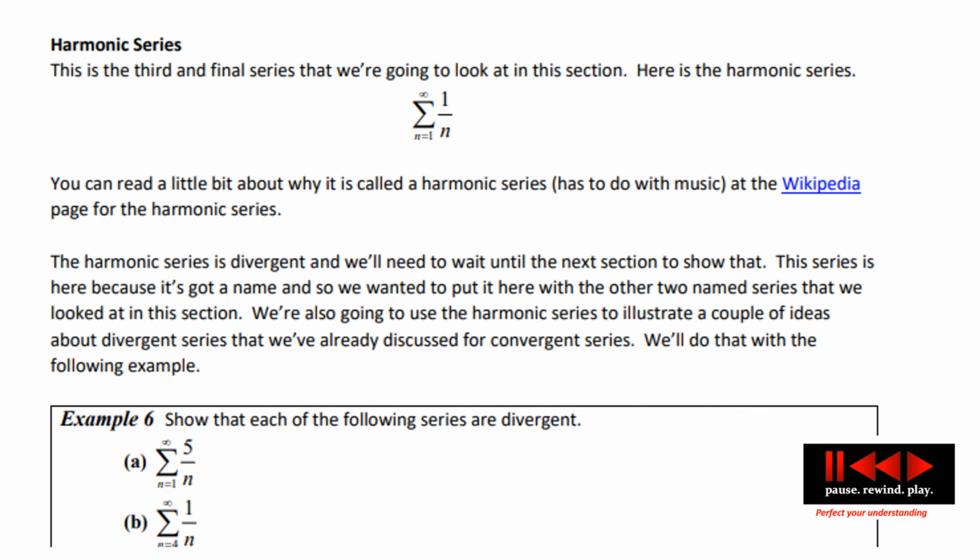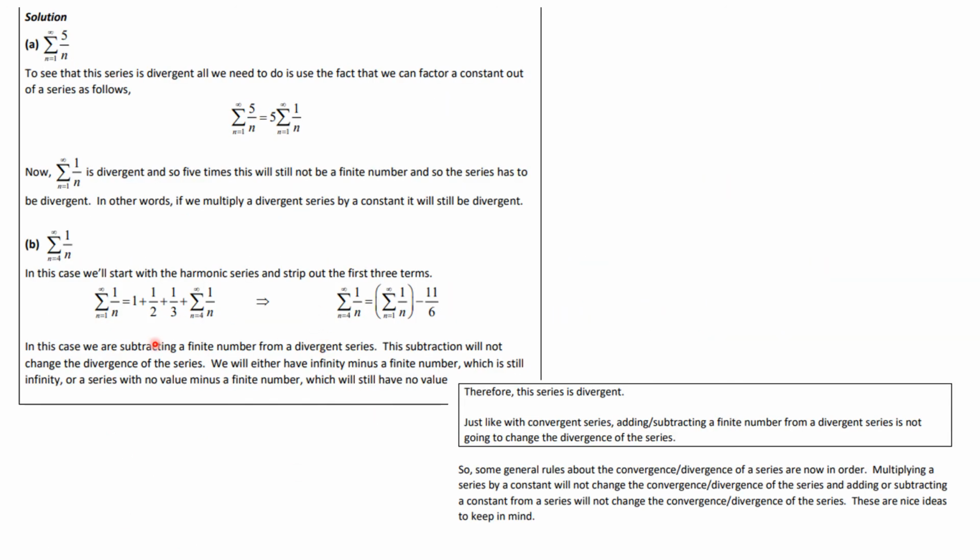It's all about the tail, so both of these diverge because you can discuss them readily in terms of the harmonic series. Let's look at ways to say that. Here we're pulling out the 5, but then we know that this one is divergent, so 5 times something divergent is divergent. And down here you can strip out the first couple of terms.